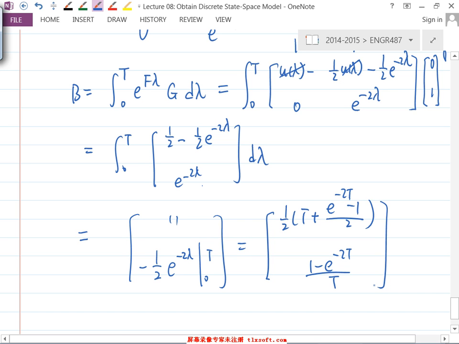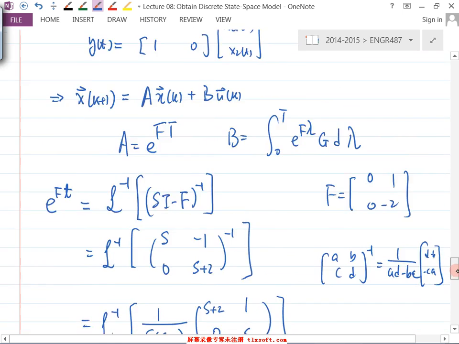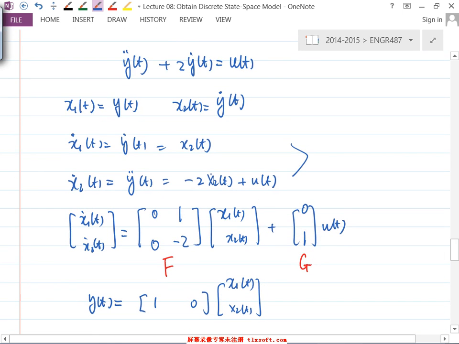Once you substitute capital T equal to 1, you basically get two numbers sitting here. How do you get the G matrix? That's from our continuous state space model here.